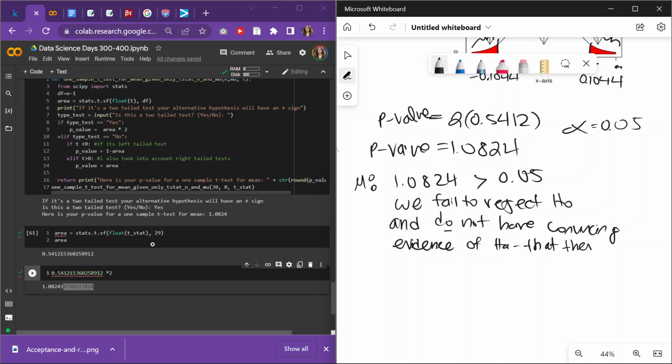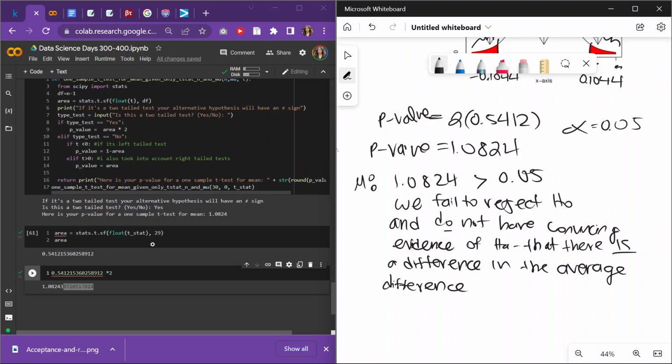Does this make sense to you? That there is a difference in the average difference?